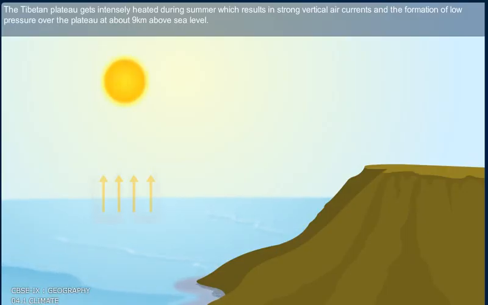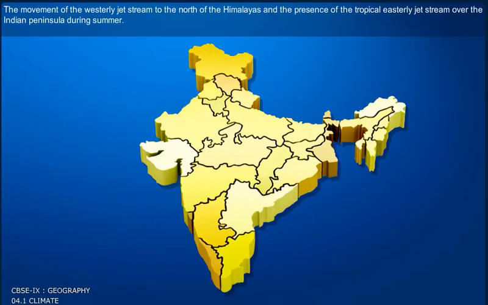The Tibetan Plateau gets intensely heated during summer, which results in strong vertical air currents and the formation of low pressure over the plateau at about 9 km above sea level. There is also the movement of the westerly jet stream to the north of the Himalayas and the presence of the tropical easterly jet stream over the Indian peninsula during summer.